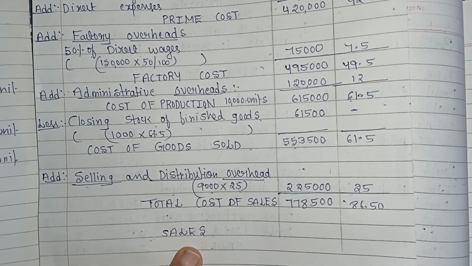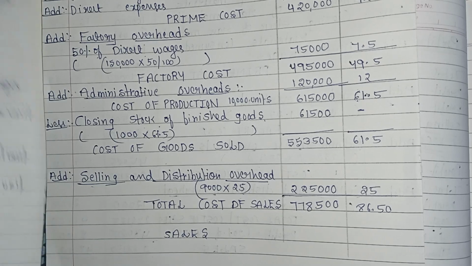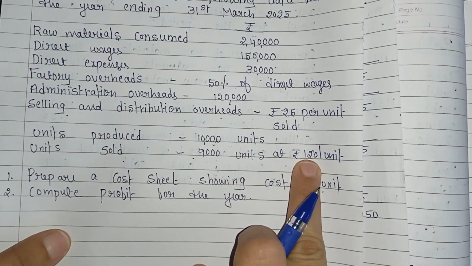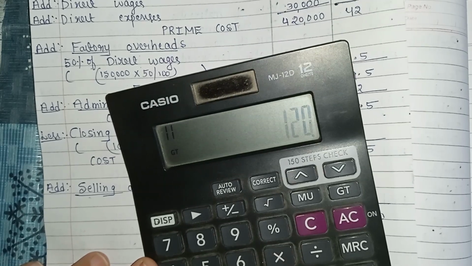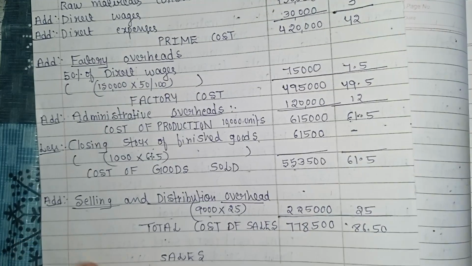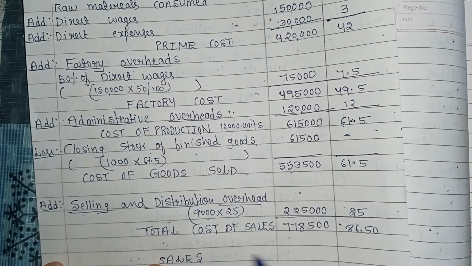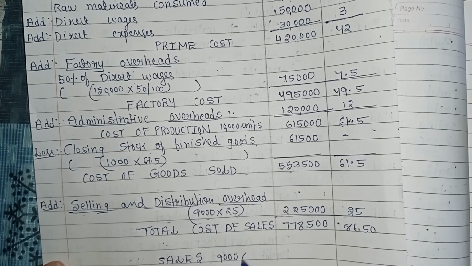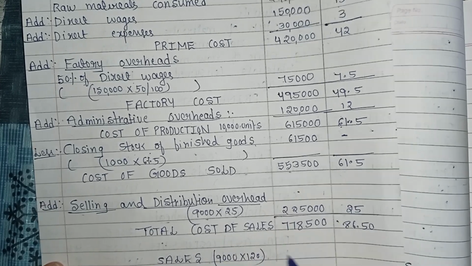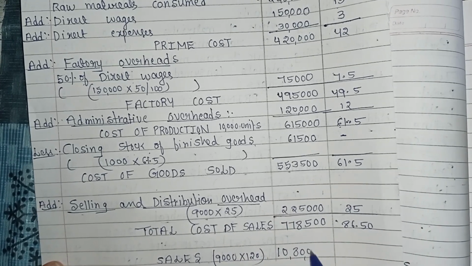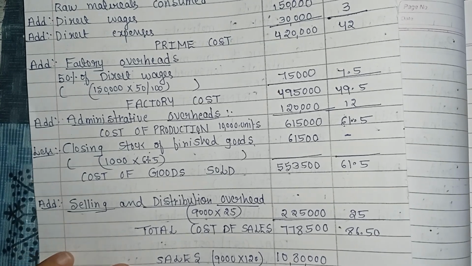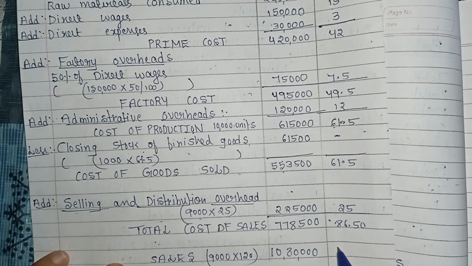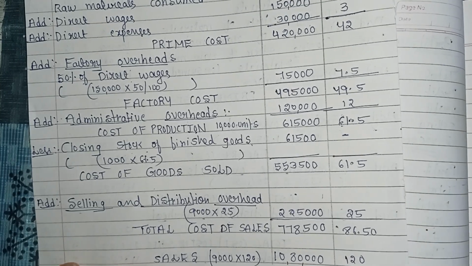Now sales. How much? That is 9,000 into 120, which is 10,80,000. 10,80,000 divided by 9,000 equals 120. So what is our profit?